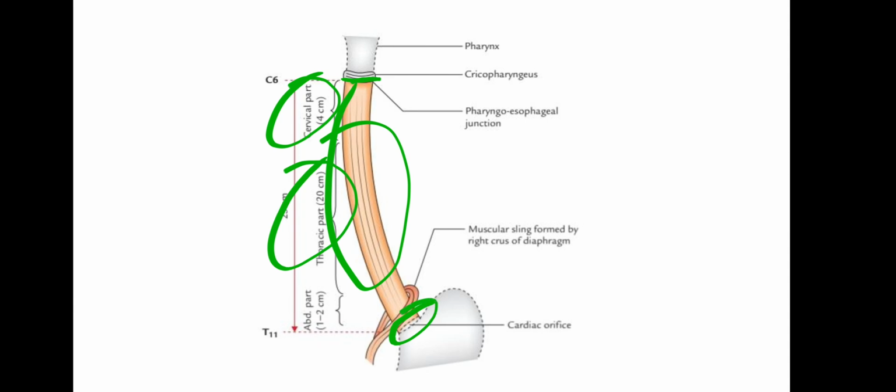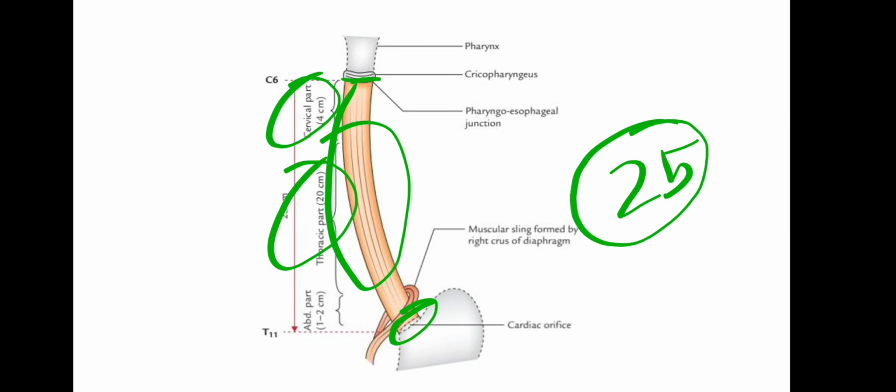So the esophagus has three parts: cervical, thoracic and abdominal part, and in the adult it is about 25 centimeter in length, which varies with the gender, age and height of the individual. It is only about 25 centimeter, not exactly 25 centimeter. That we should have in mind.